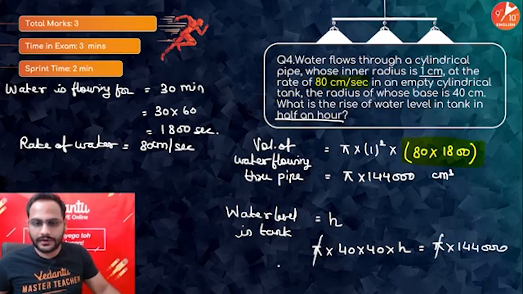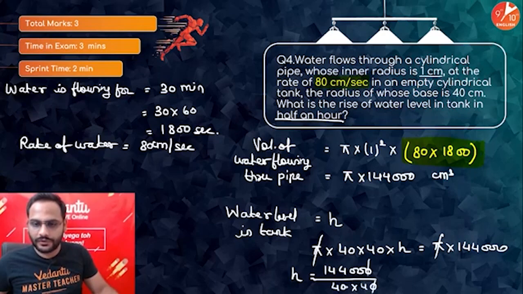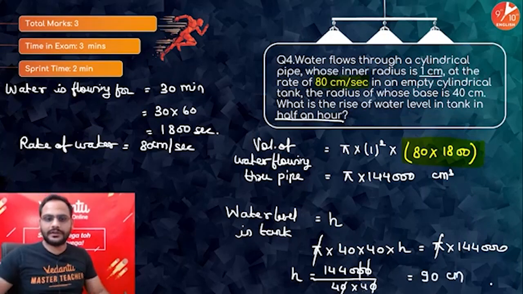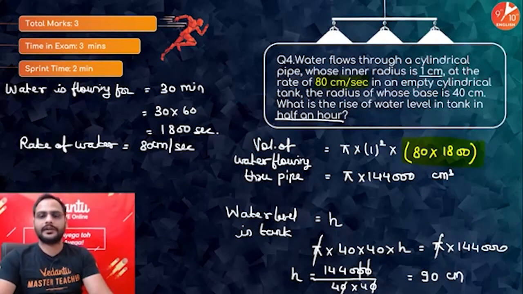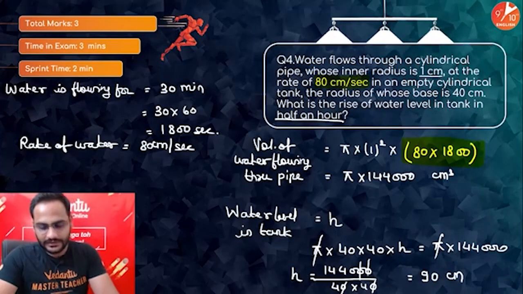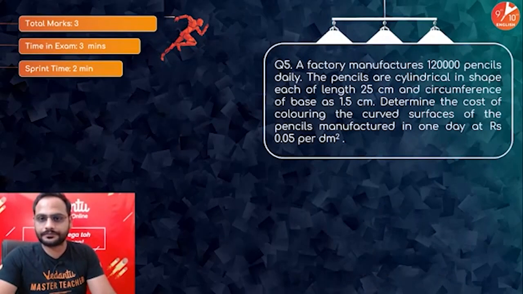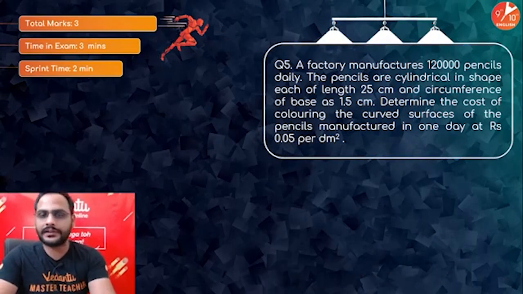Pi and pi got cancelled. h is equal to 144,000 divided by 40 into 40. 2 zeros and 2 zeros got cancelled. 4 4s are 16. It will be 16 9s are 90 centimeters. The water level will be 90 centimeters. Okay?